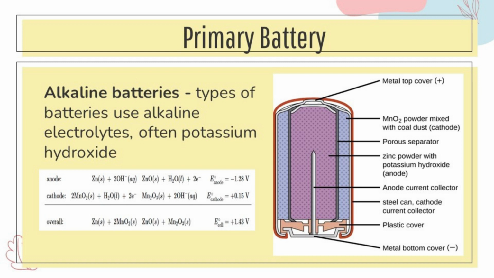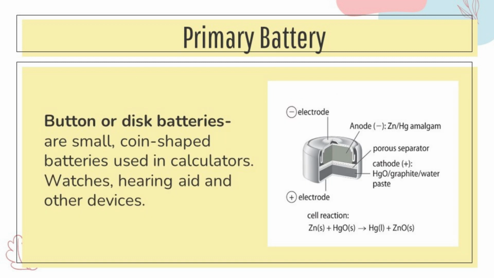Okay, so next tayo, we have here the button or disc batteries. These are small coin-shaped batteries used in calculators, watches, hearing aid, and other devices. Okay, so if we're to compare it to dry cell battery and alkaline battery, syempre ito yung may pinaka lowest energy output and siya rin yung may pinaka lowest lifespan. Okay?